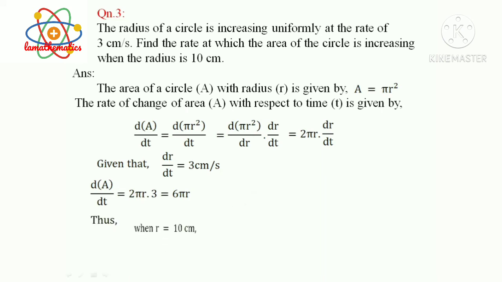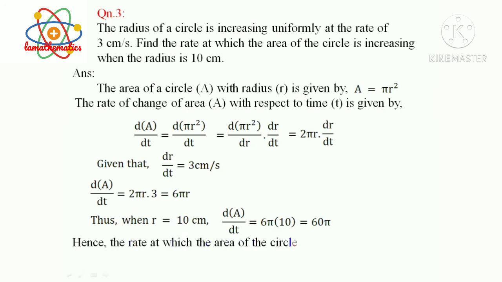Thus, when r equal to 10 centimeter, d by dt of capital A equal to 6 pi into 10 equal to 60 pi. Hence, the rate at which the area of the circle is increasing when the radius is 10 centimeter is 60 pi centimeter square per second.